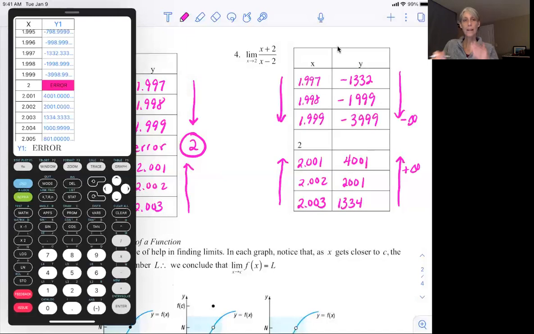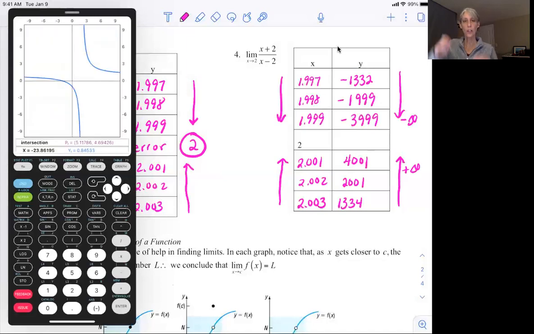If I look at my picture, on the right side, when I'm bigger than 2, my y values are going up to infinity. On the left, my y values are going down to negative infinity. A limit has to be a number. If I go to infinity and negative infinity, like I am at this asymptote, we say the limit does not exist.